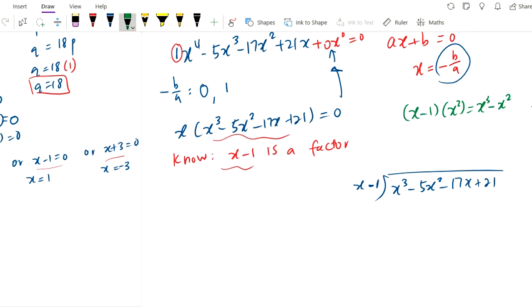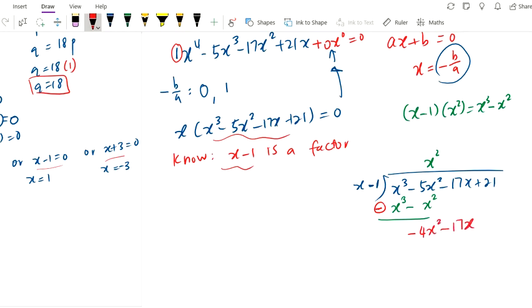Then remember your primary school math. How do you continue? You subtract this from this. So negative 5 minus negative 1 gives you negative 4x squared. Then you bring down this term, 17x.